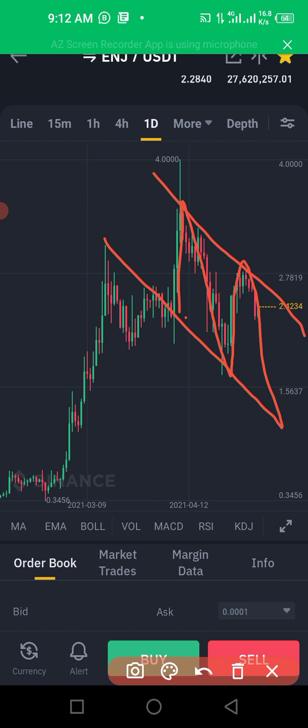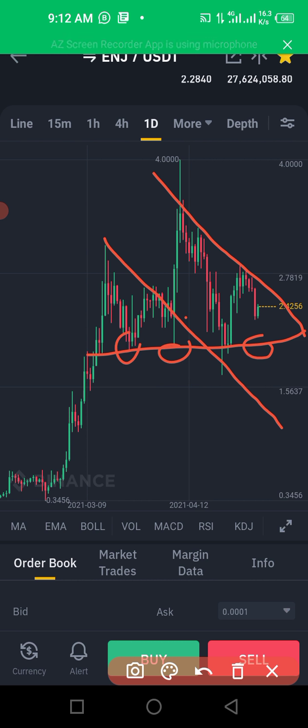If the market should break this support level, which we are looking at now, then we are simply heading to this next support level of 1.56, around there about. Just take notes.